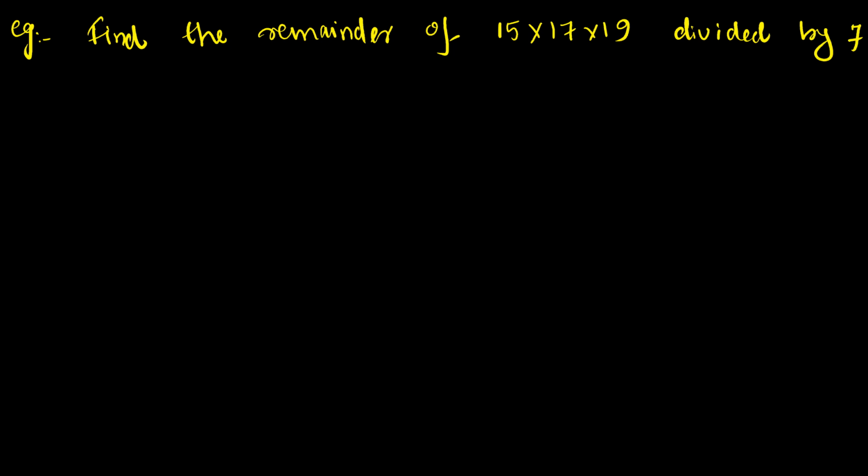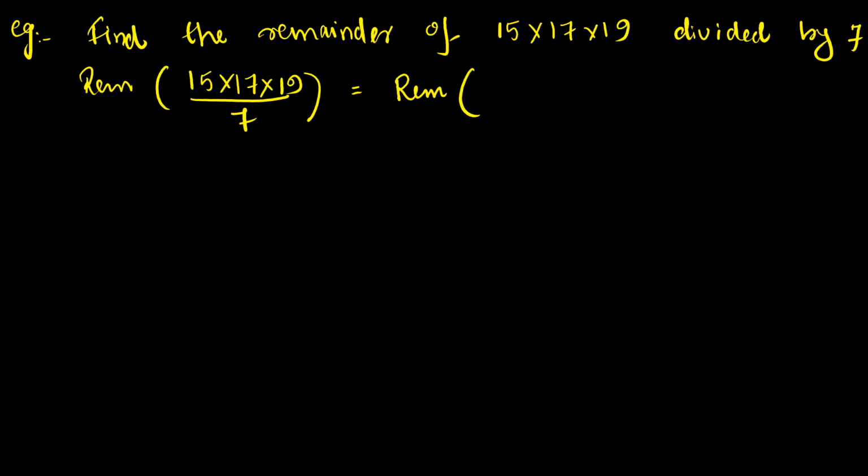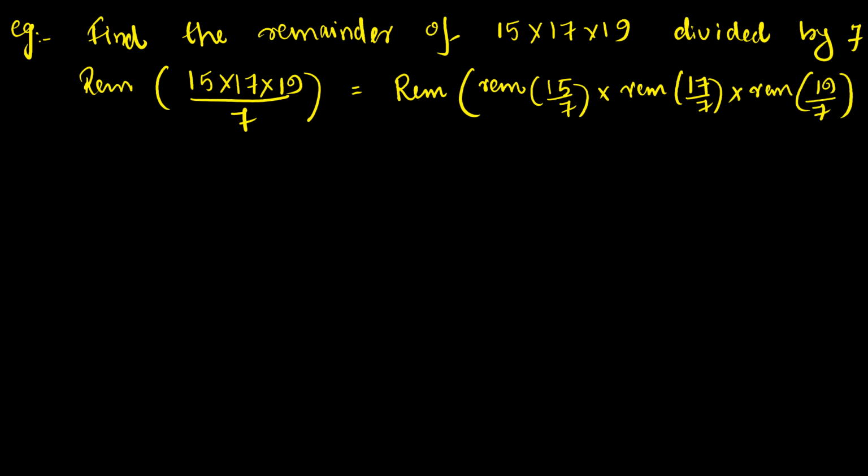We can use the remainder theorem, that is, the remainder of 15 into 17 into 19 divided by 7 will be equal to the remainder of an into bn into cn divided by 7, where an is the remainder of 15 divided by 7, into the remainder of 17 divided by 7, into the remainder of 19 divided by 7, whole divided by 7. This is what the remainder theorem is.